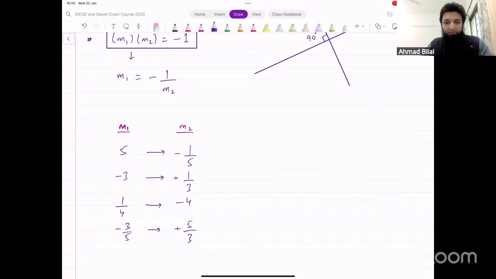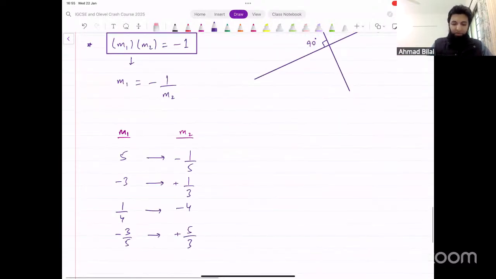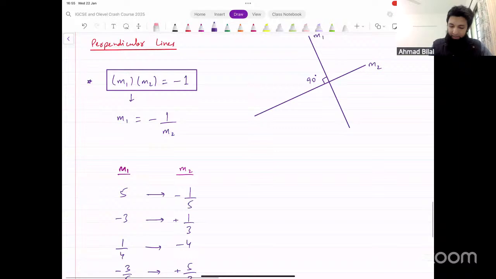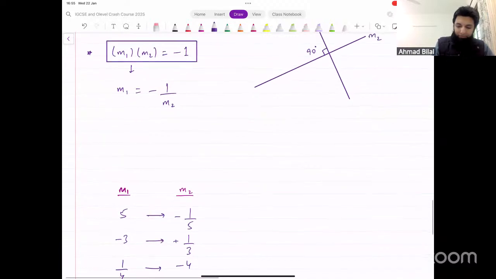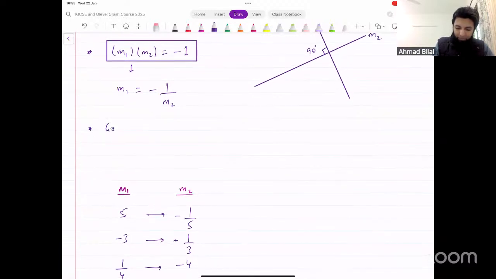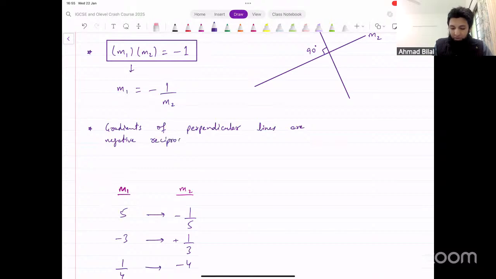All right. Okay. Now, let me write that down here as well. Gradients of perpendicular lines are negative reciprocals of each other.